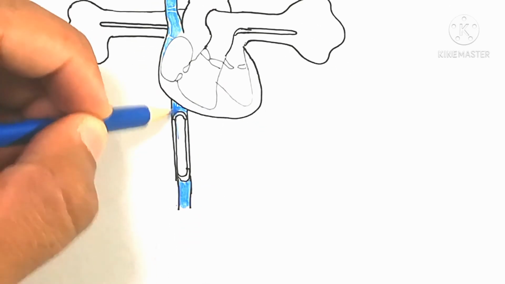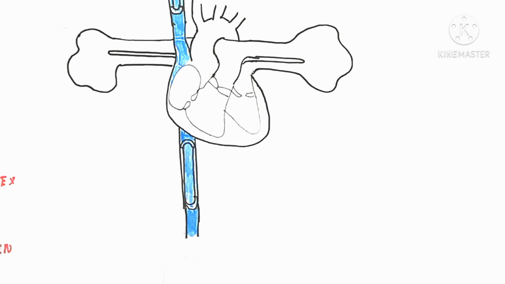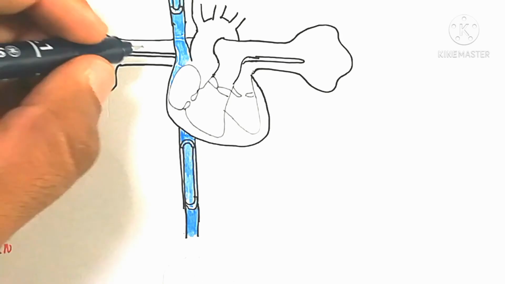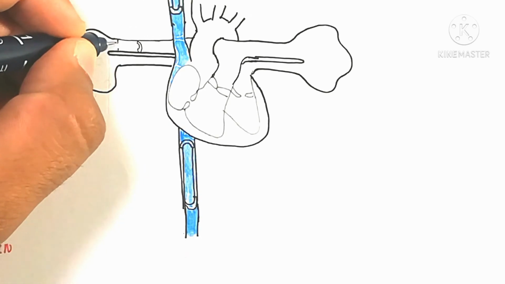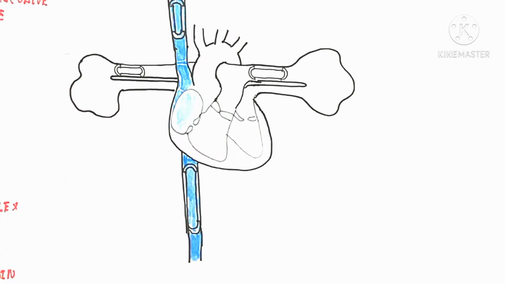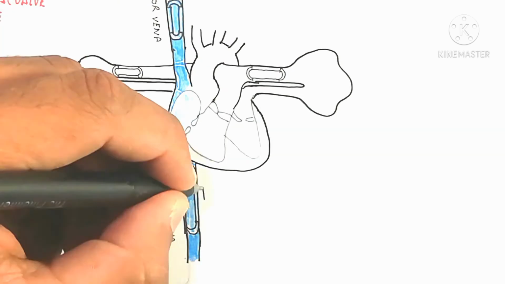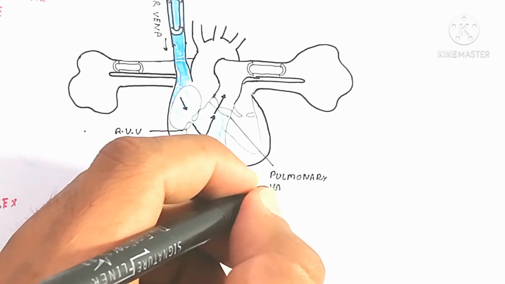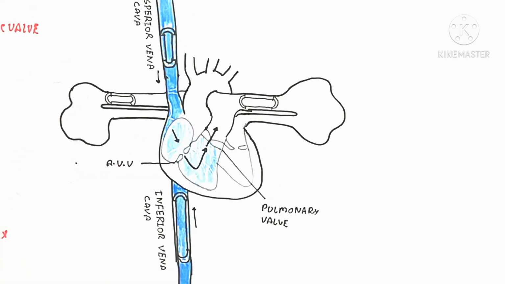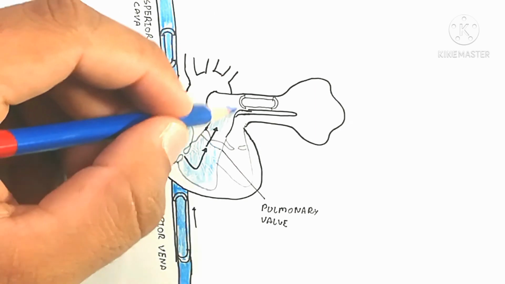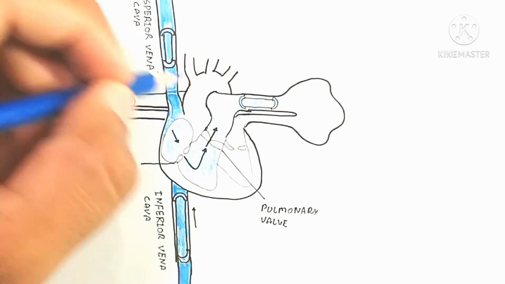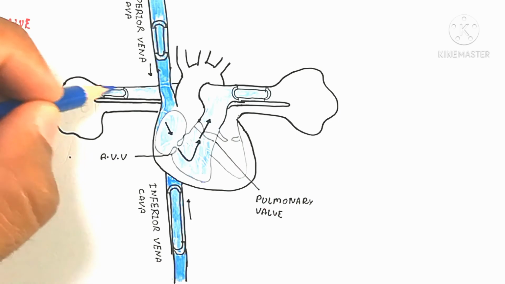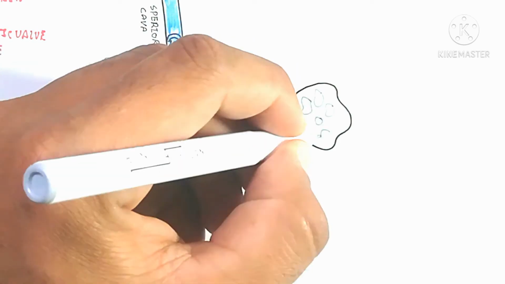Here is the important thing we will discuss: the circulation, systemic circulation and pulmonary circulation. What is the pulmonary and systemic circulation? Here I am drawing the inferior and superior vena cava, which provide the blood into the right atrium, and from the right atrium through the tricuspid valve, which opens, the blood goes into the right ventricle.